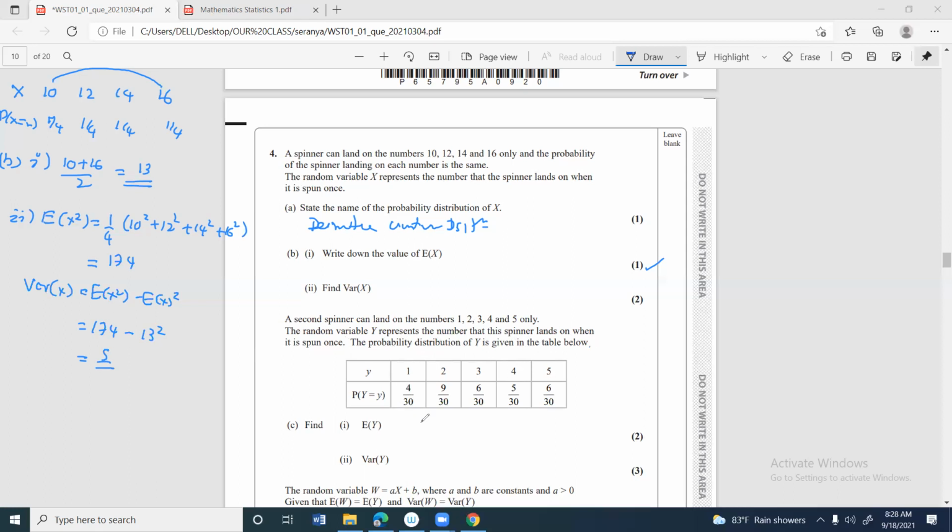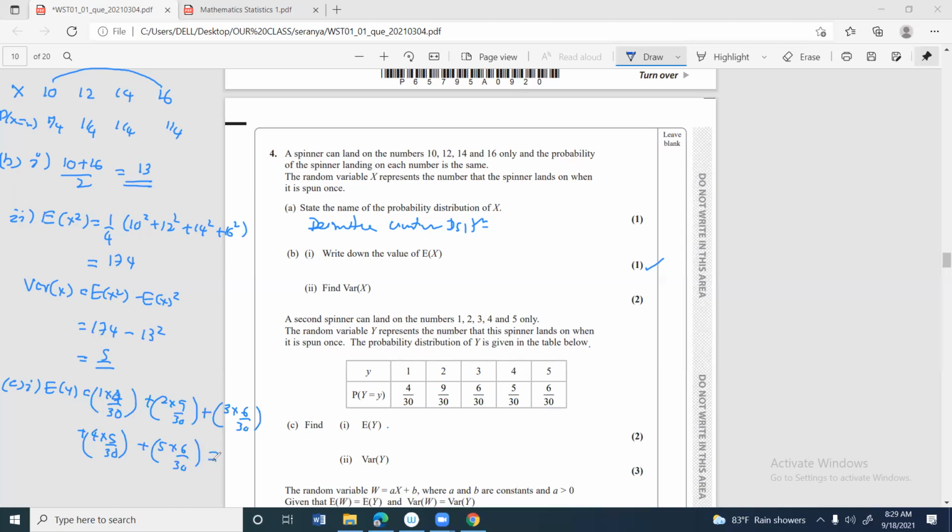We can find the expectation of Y and the variance of Y. E(Y) equals 1 into 4/30 plus 2 into 9/30 plus 3 into 6/30 plus 4 into 5/30 plus 5 into 6/30, and you can get the answer for E(Y).